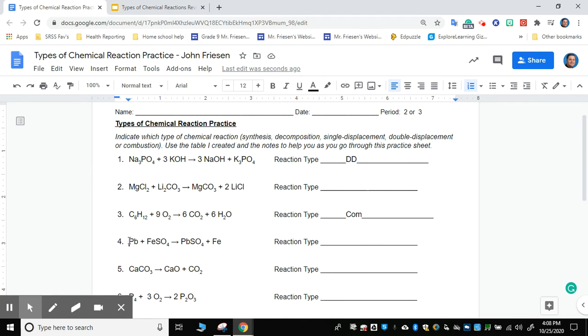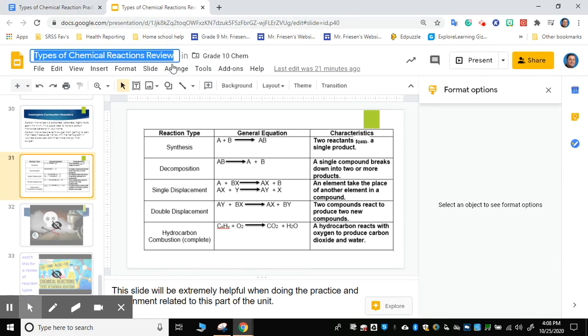Pb plus FeSO4 yields PbSO4 plus Fe. Which one of these does it look the most like?